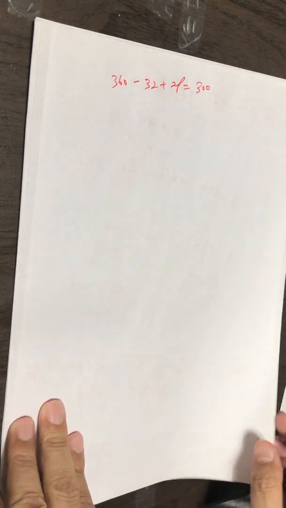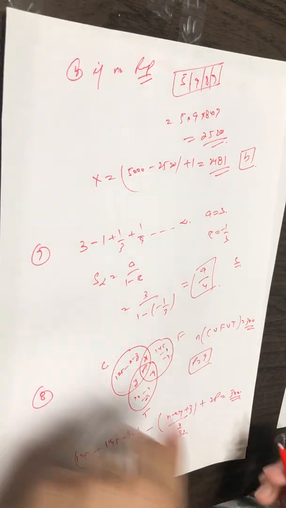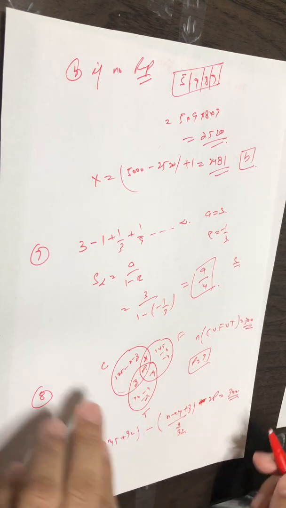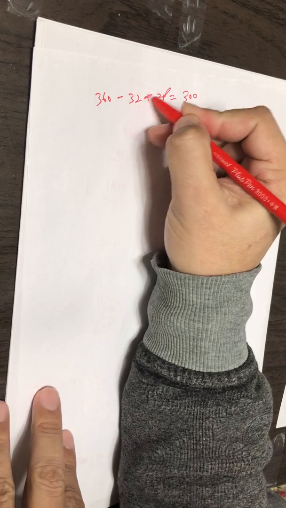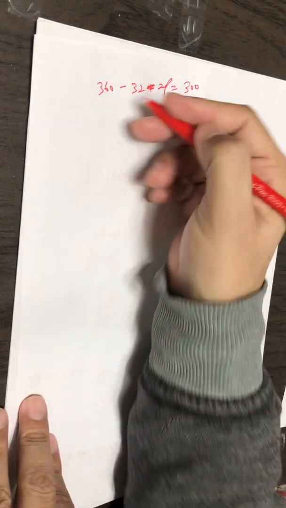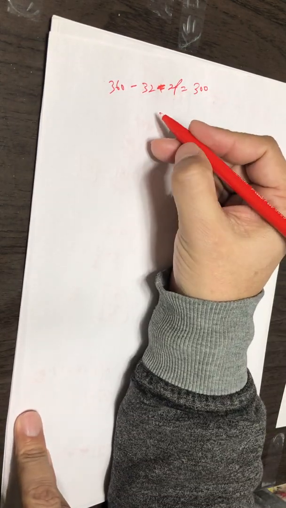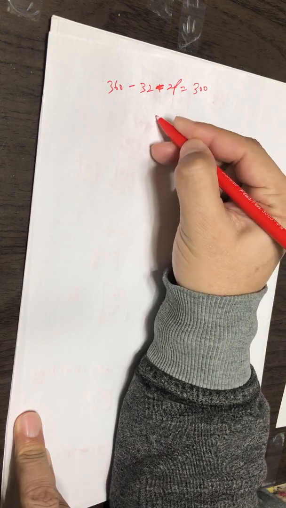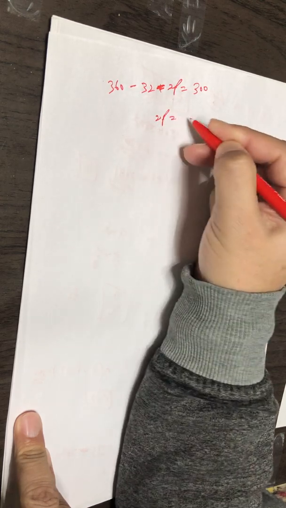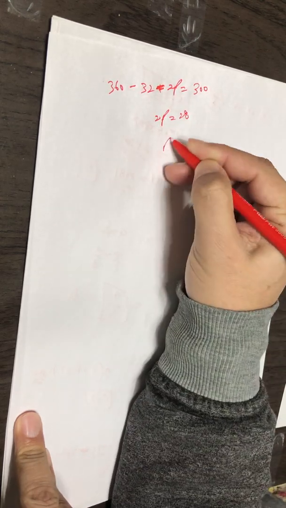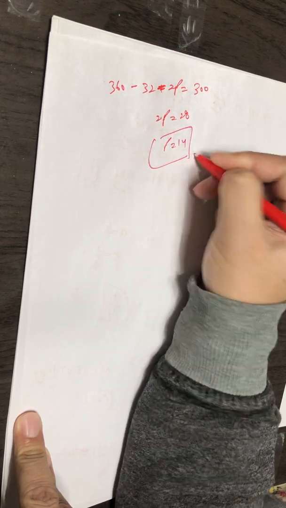So let me check that. There will be minus of 2P. This will be equal to minus of 2P. Sorry. So ultimately we can write this as 2P is equal to 28 and P is equal to 14.